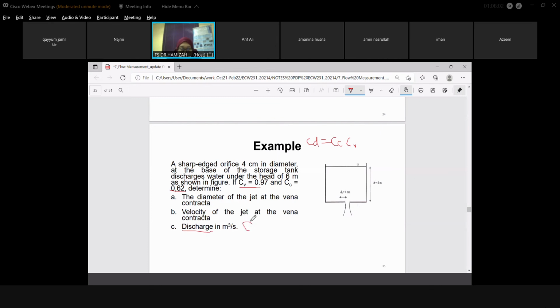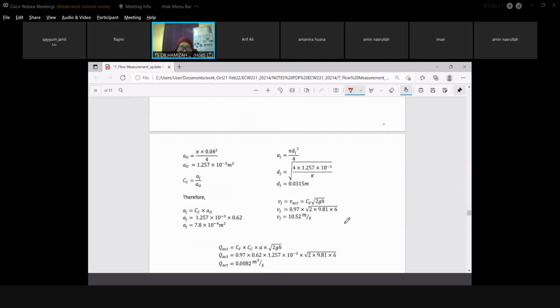Next is the diameter of the water jet. We know the diameter here at the smaller part is smaller, that is the water jet. And then of course the velocity of the water jet. We can find the area first. CC is given, so to find the area of the jet, area of jet is CC times area of orifice.